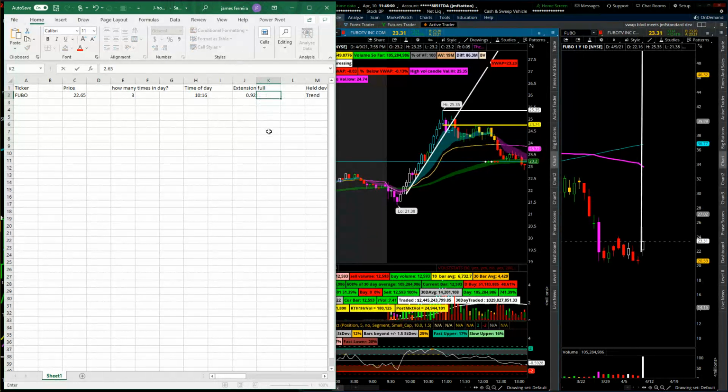Okay, so held dev, which held the trend on the deviation. Target was the 0.5 dev. Or we can continue the float.